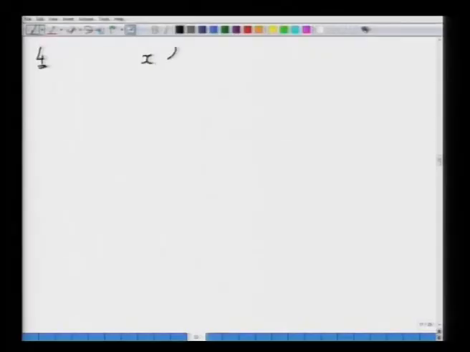Just say if you have x kg fuel, from here you have to start, that is unknown. So, with x kg fuel, your carbon will be 0.84 x, hydrogen will be 0.16 x.